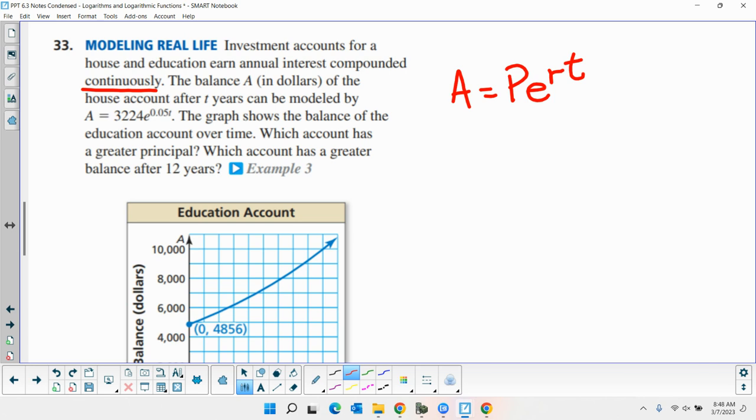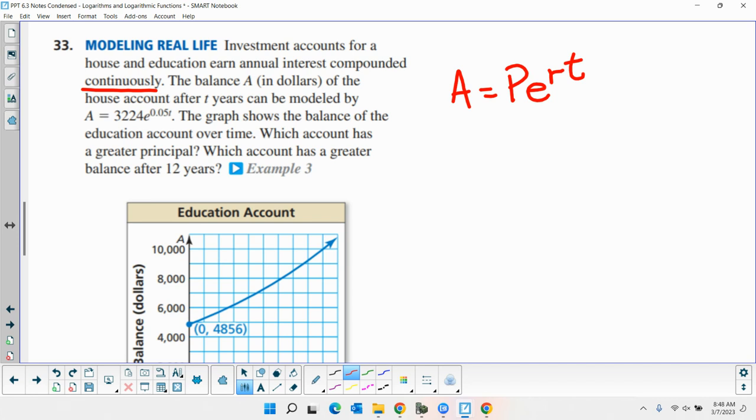The balance A in dollars of the house account after t years can be modeled by this. The graph shows the balance of the education account over time. Which account has greater principal? Okay, so this started out at $4,856. This one started out at $3,224. So this one down here had the greater principal, right?